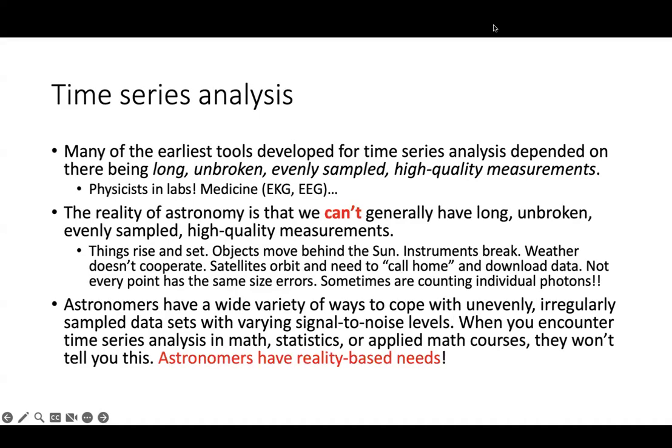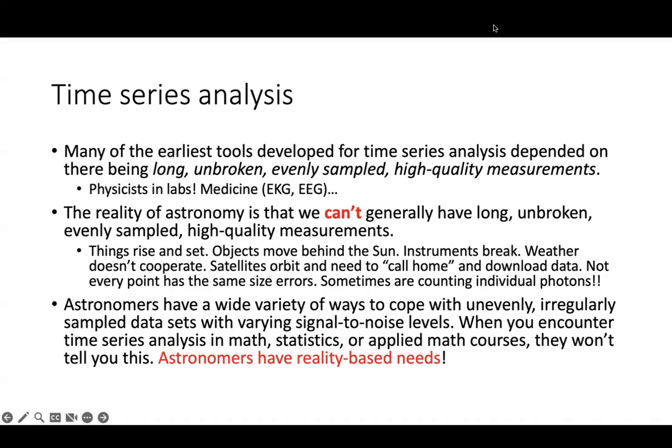Now, the time series analysis tools that we have available. If you look up the kinds of textbooks that you have available in your analysis classes, even in college, the kinds of tools that you get taught in those contexts usually assume that you have long, unbroken, evenly sampled measurements of comparable quality. In other words, the error bars are comparable in all of them.